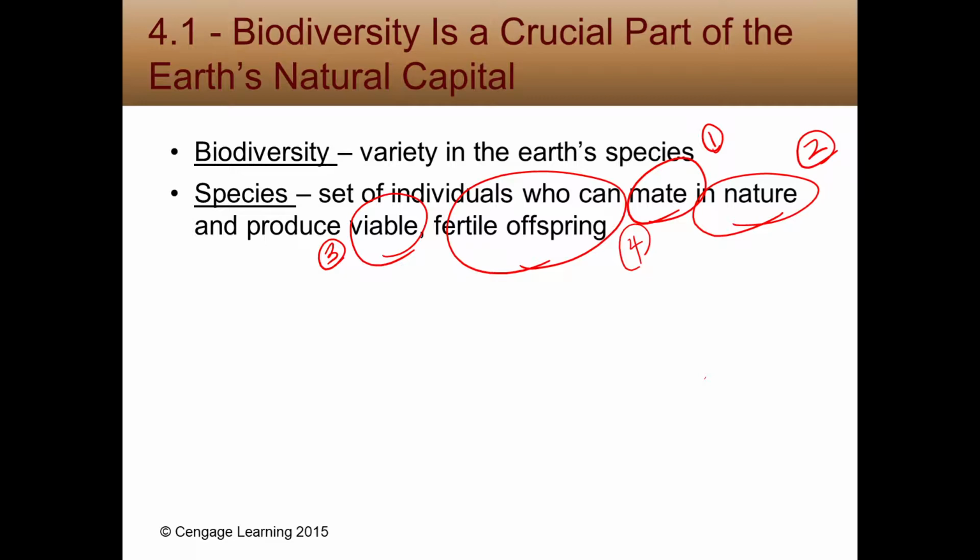So we need to be able to mate in nature and produce viable, fertile offspring. If that doesn't happen, you cannot be considered a species. So for example, a mule is a result of the mating of a donkey and a horse. A mule is not its own separate species.